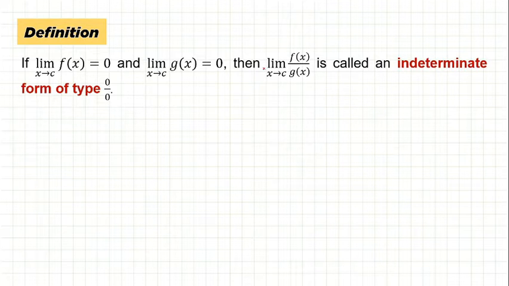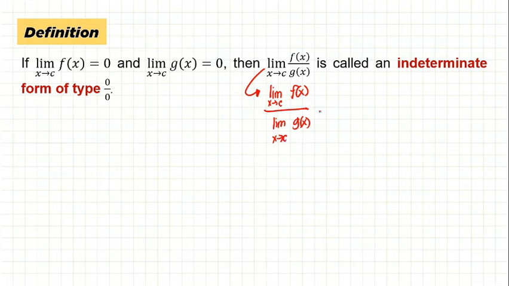Because if we try to evaluate this using the division theorem or the quotient theorem, this will become the limit of f of x as x approaches c over the limit of g of x as x approaches c, right? And from our assumption, the limit of f of x as x approaches c is equal to 0, and the limit of g of x as x approaches c is also equal to 0.